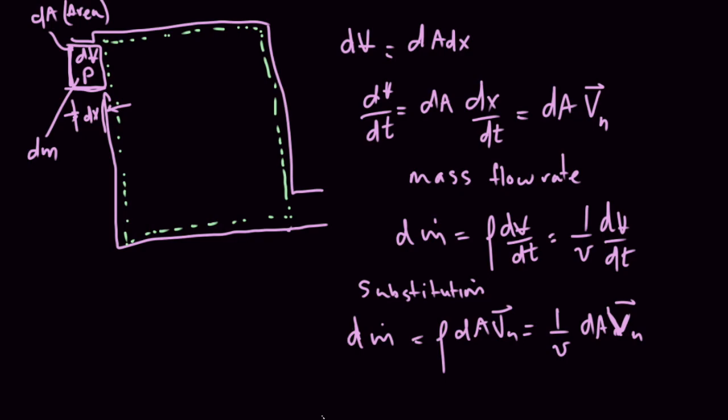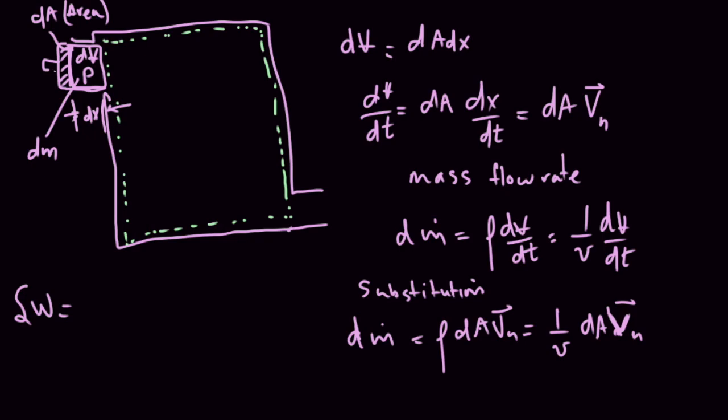All right. Let's go ahead and start a new page here. Well, before we start a new page, maybe we can fill up the space that's left right here. So now we're going to talk about work. What's the work associated with pushing that little volume through the surface? Let's go back to our piston in the cylinder.